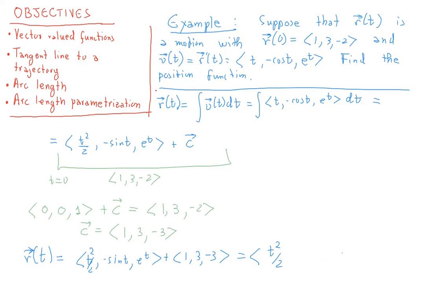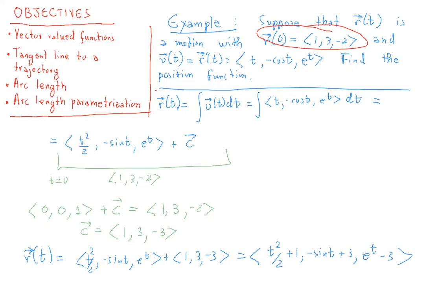So negative t squared over 2 plus 1, negative sine t plus 3, and e to the t minus 3. And that's okay. So now we have the full position function. And please note that in cases like this, you need to have an initial condition. Otherwise, you will be able to find the position up to a constant rather than down to a specific formula.